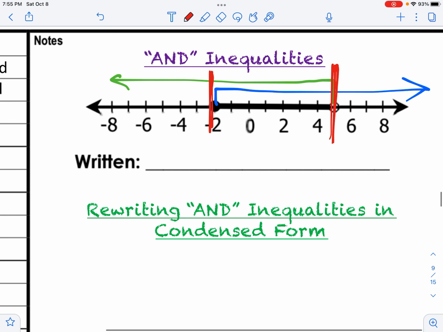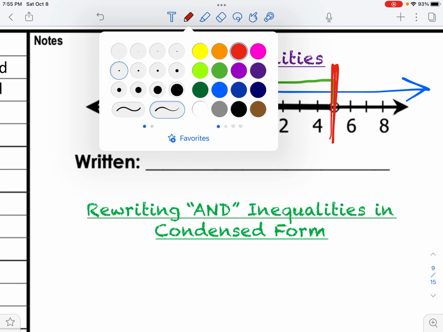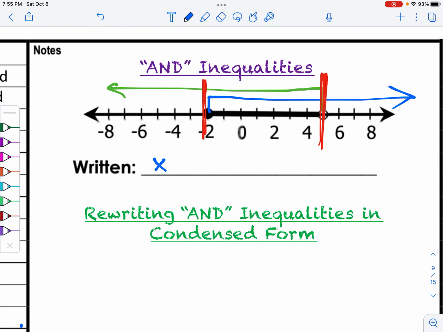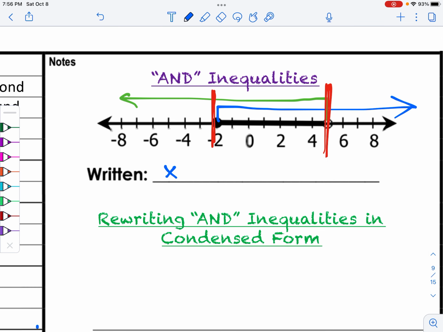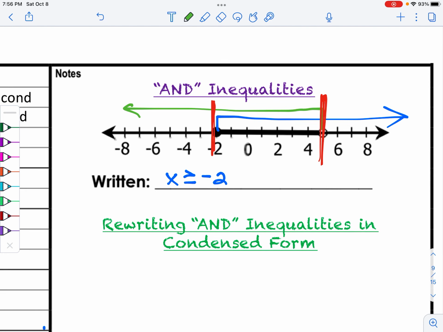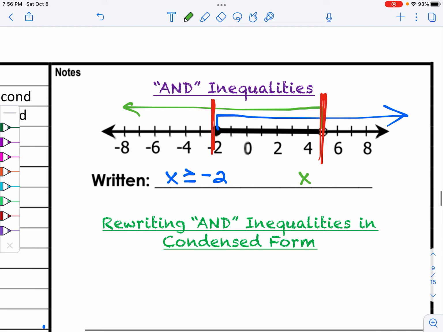There are a couple of different ways to write this, but one is, the blue part that we have here is x is greater than or equal to negative 2. And then the other part, the green one, is x is less than 5.